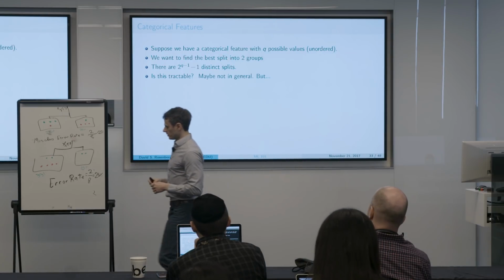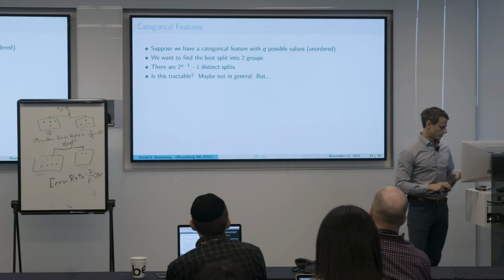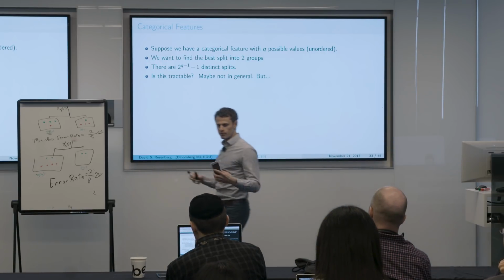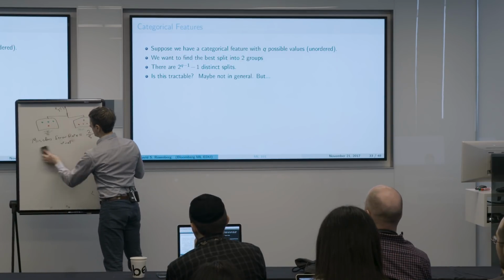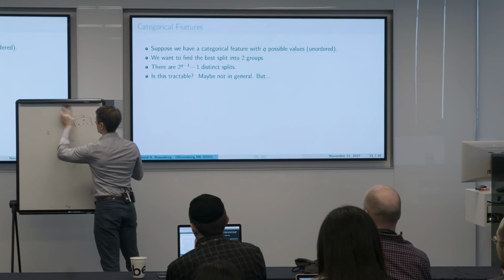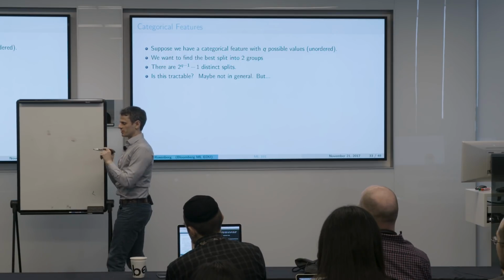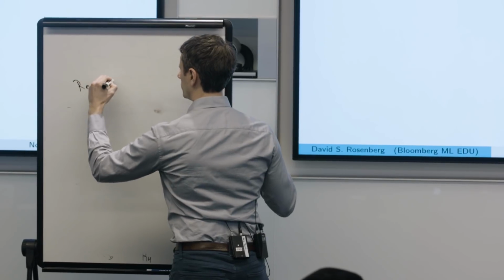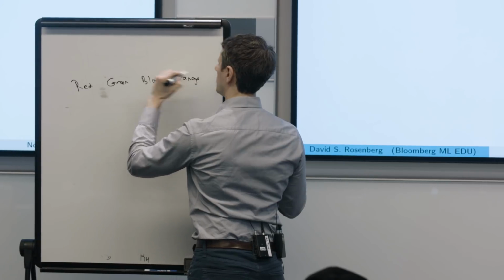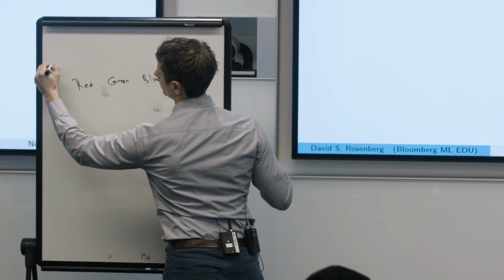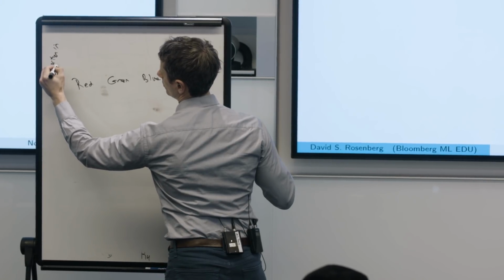And then it turns out you can, just like we did for the regression case, for the continuous variable case, sort based on those proportions, and the optimal split will always happen between... let me just write the example. So red, green, blue, orange, and I'll write proportion in class 1.